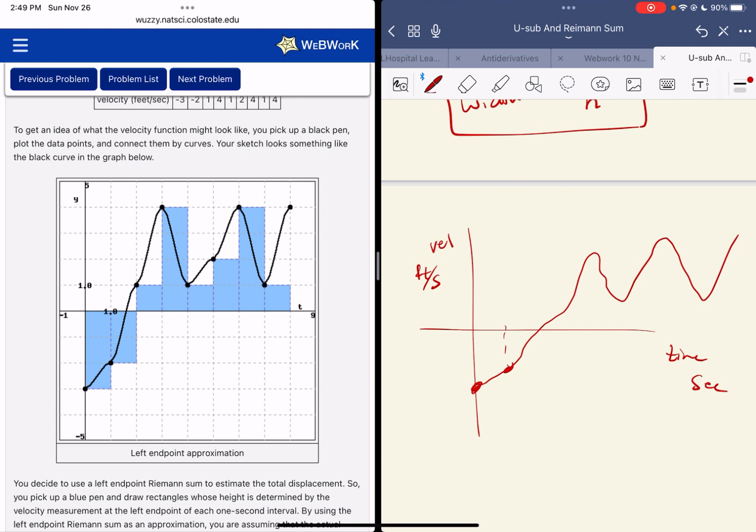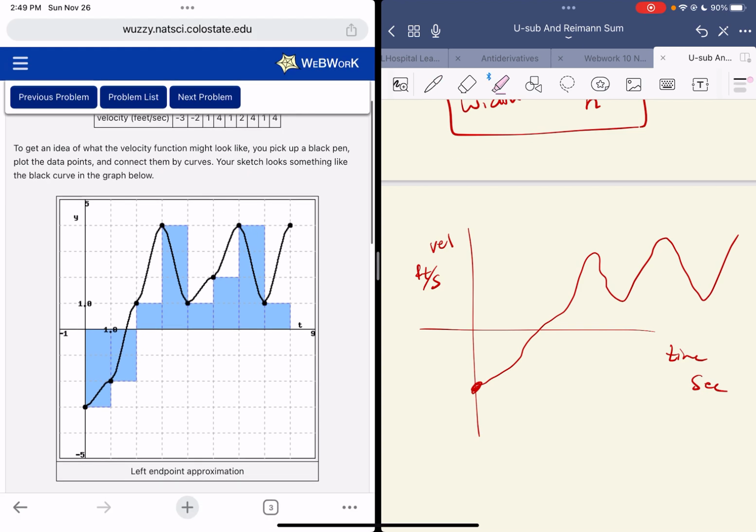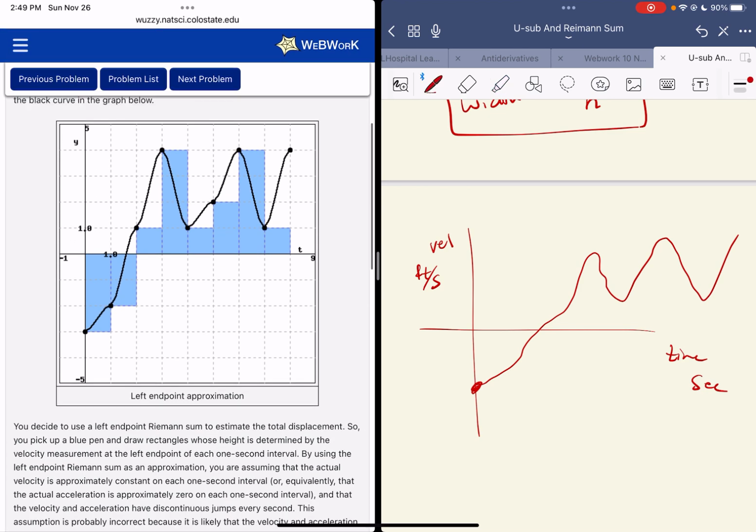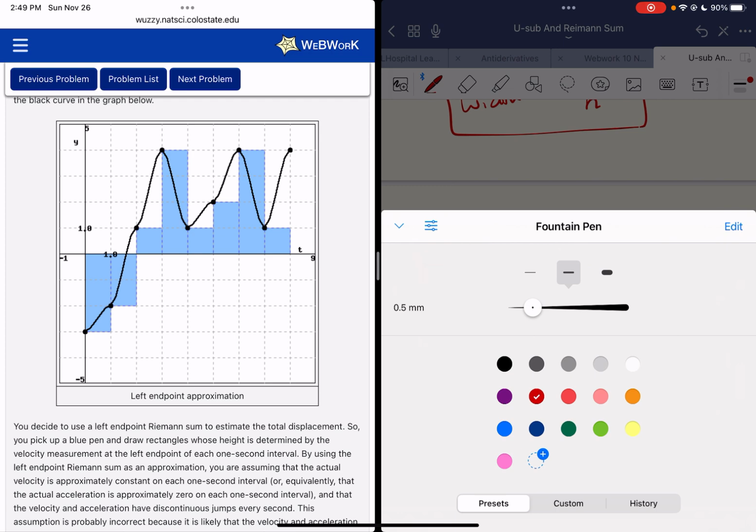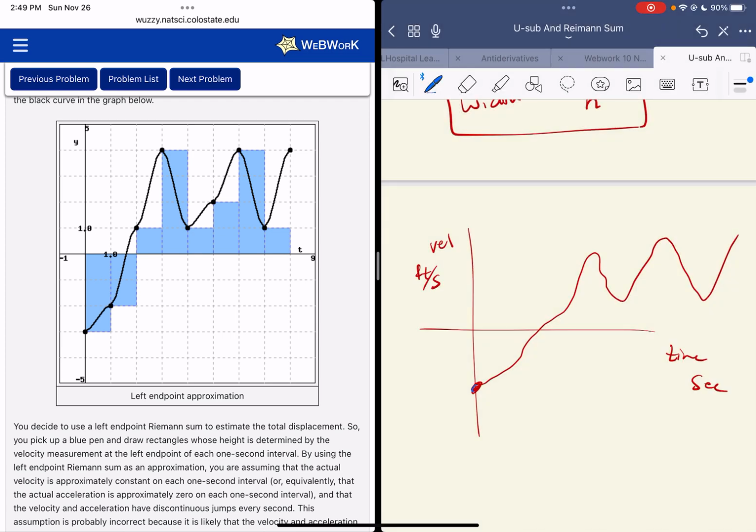So Riemann sums are about approximating distances by just pretending your velocity is constant. If I were to do what the picture over here is talking about, let's switch colors real quick. I'm just going to pretend my velocity is negative 3 for the entire first second, right? It's not. You can see the red curve is going up, but I'm just going to pretend it's negative 3.